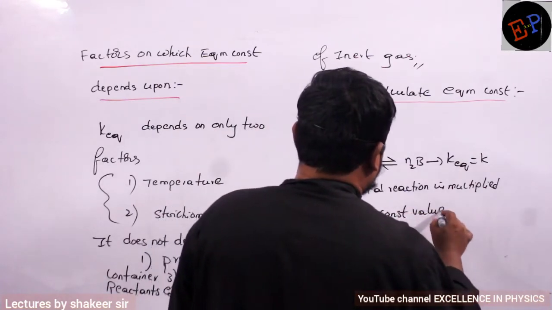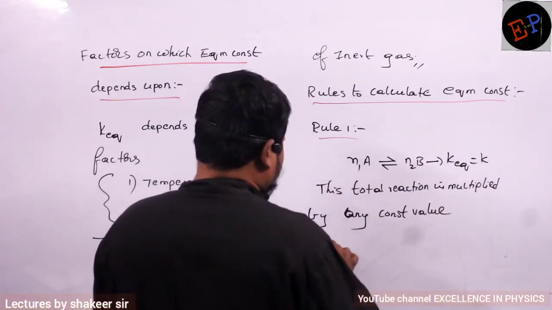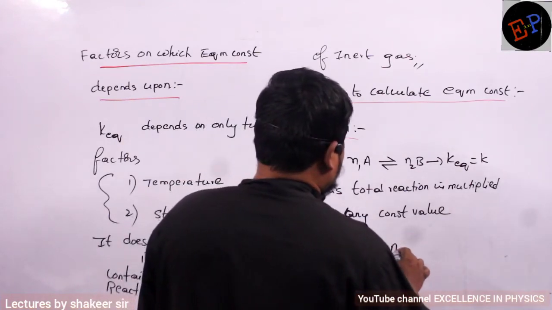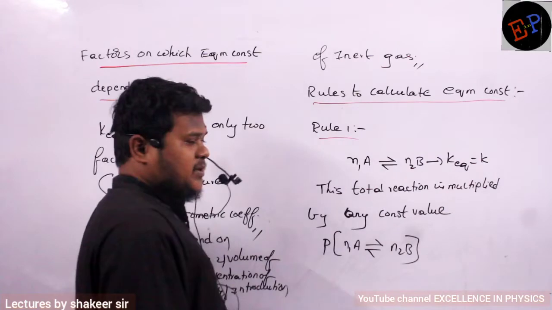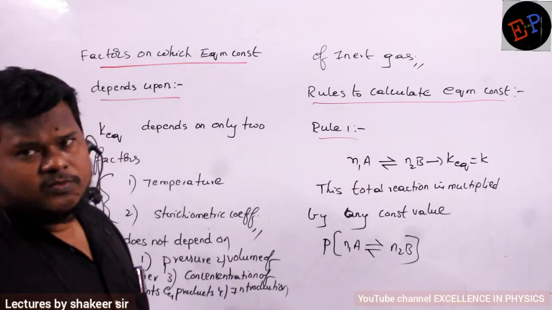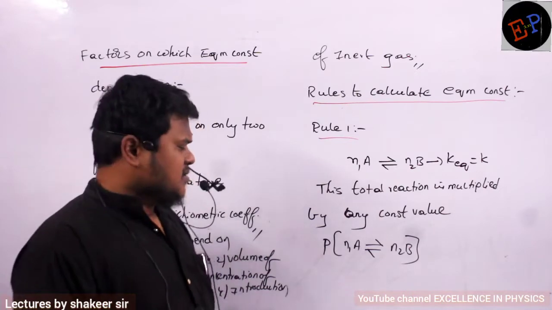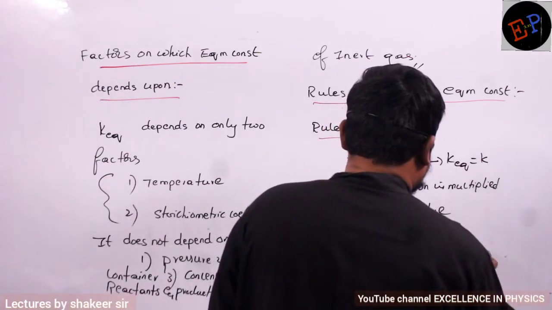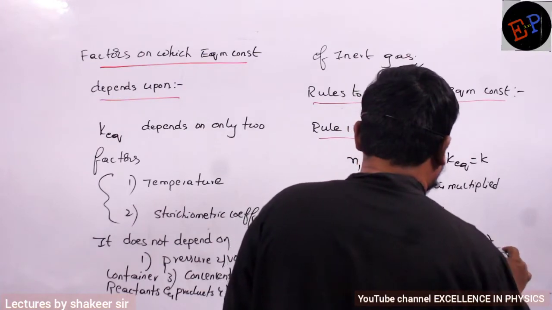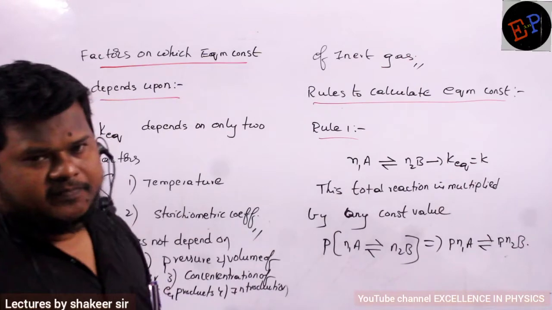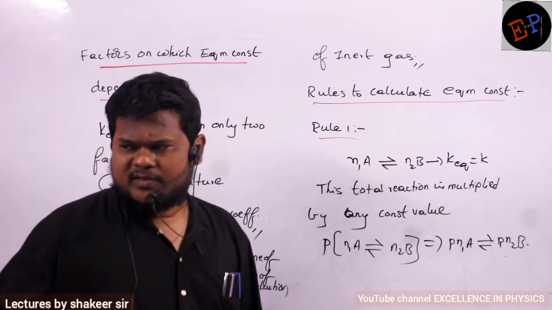For example, I multiply by P: P n1 A. P can be any number: 2 moles, 3 moles, 4, anything. If I multiply like this, the same equation can be written as P n1 A converts into P n2 B. So P can be 2, 3, 4, 5, 6, 10, anything.